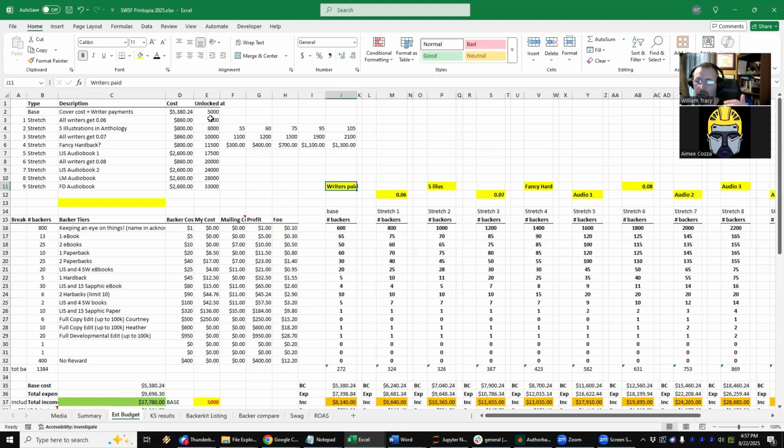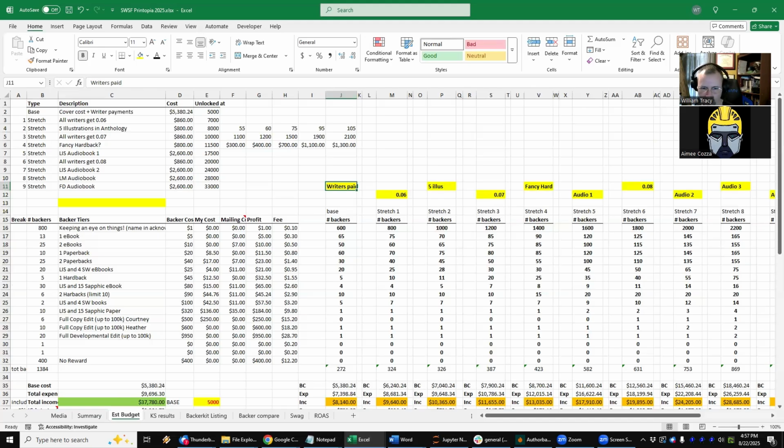So if you have done some more crowdfunding campaigns, if you're more confident with how you can raise money, or you know that you have a certain number of people who are going to back it, this is where you can play around with it a little bit to lower your cost when you start and assume that you're going to break even because you're going to pass a couple stretch goals. This is more advanced. I wouldn't do this if this is your first campaign.